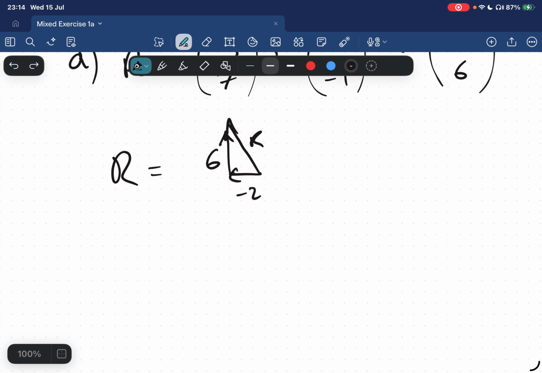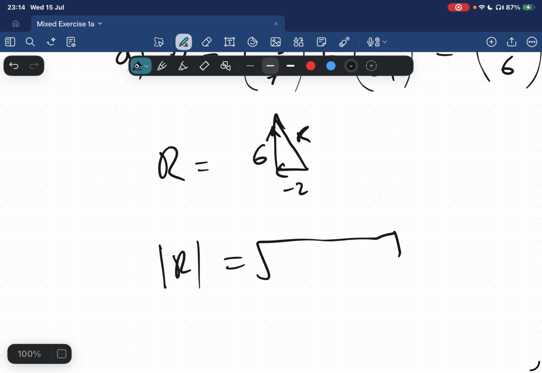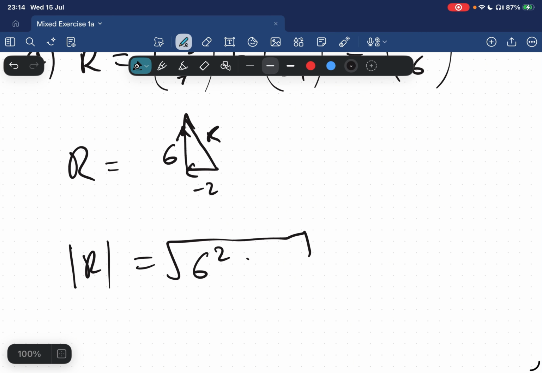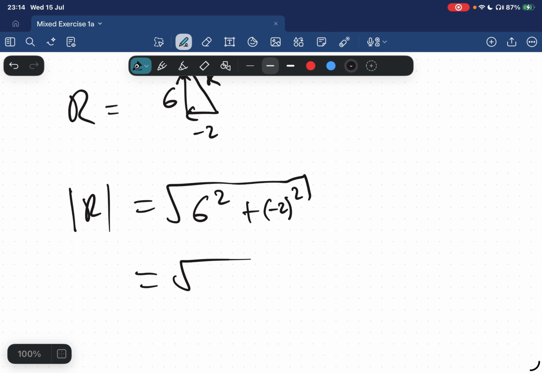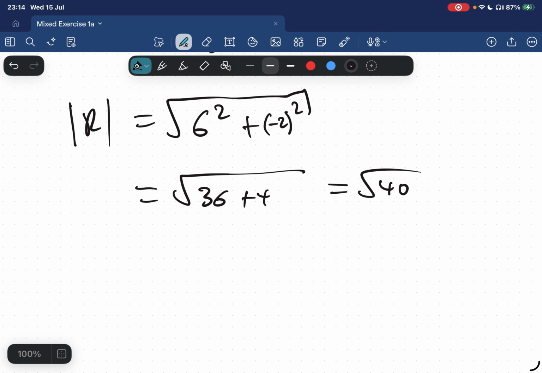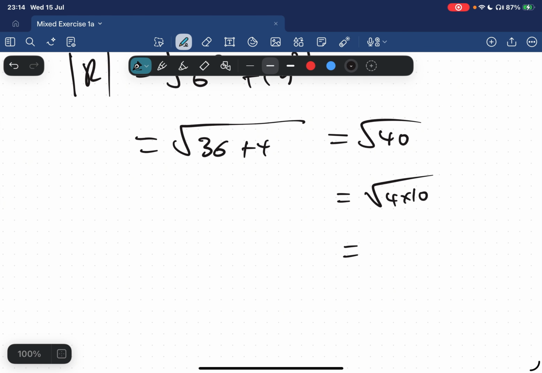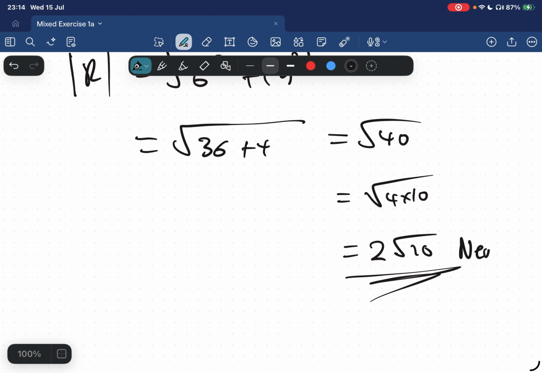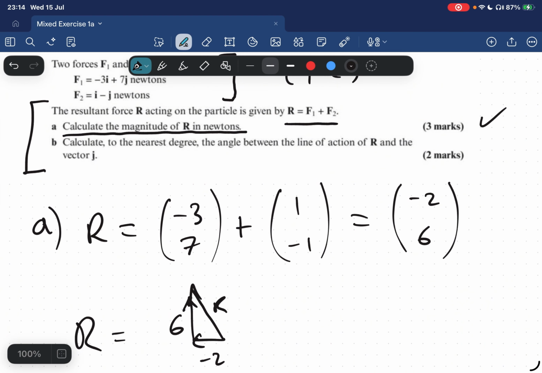So the magnitude of R, the length of R, is by Pythagoras 6 squared plus, you can say negative 2 here, but I just do 2 squared. So this is the square root of 36 plus 4, which is the square root of 40. I'm sure you all know how to simplify this, and you get 2 root 10, and your units here are newtons. Perfect, that's question A.